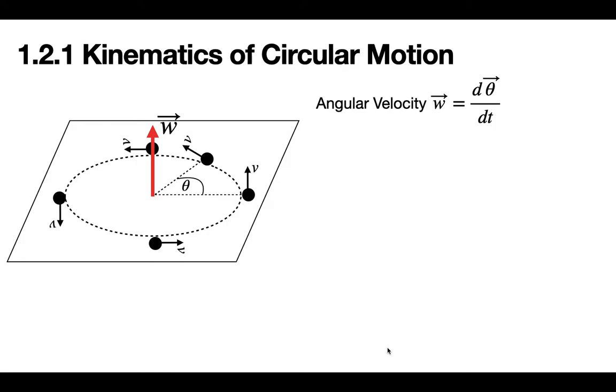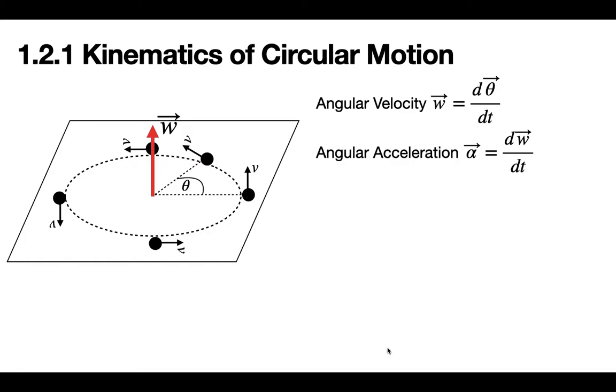The direction of angular velocity is given by the right hand thumb rule. In the figure you see the object is moving in the anti-clockwise direction. If you put your right hand on that plane, your fingers will show the direction of the object's motion, but the thumb will give you the direction of the angular velocity. And the rate of change of angular velocity with respect to time is angular acceleration.